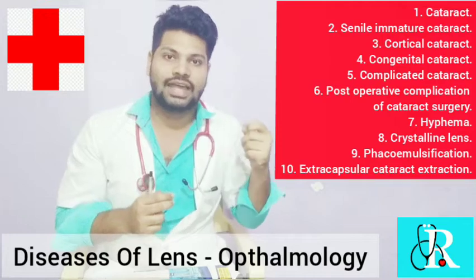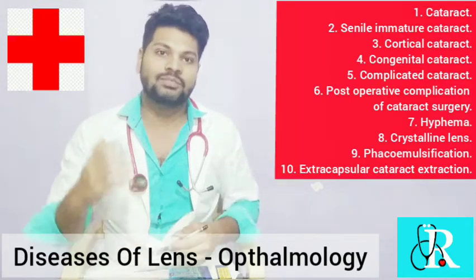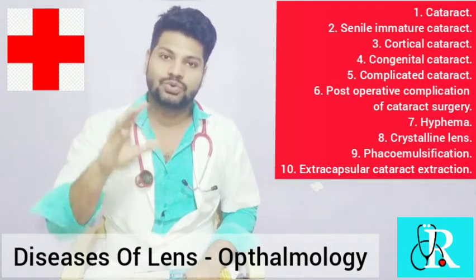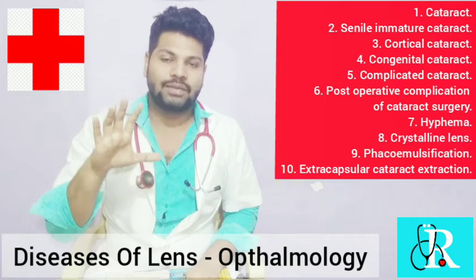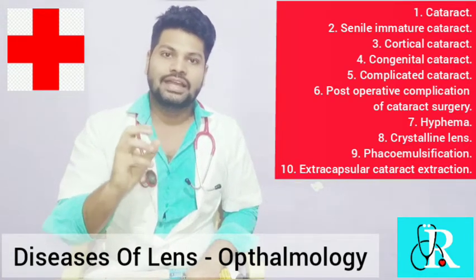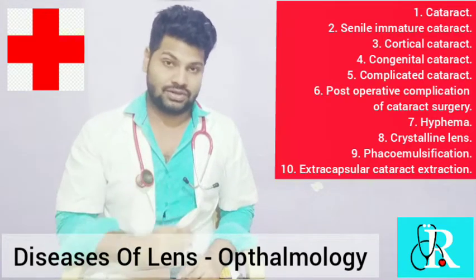We have to remove the entire thing out, then stitches will be there. It is highly invasive and highly complicated, it may lead to complications beyond infection, and it may damage the entire eye system. So we don't use intracapsular extraction of the lens anymore. We only do extracapsular extraction of the lens.